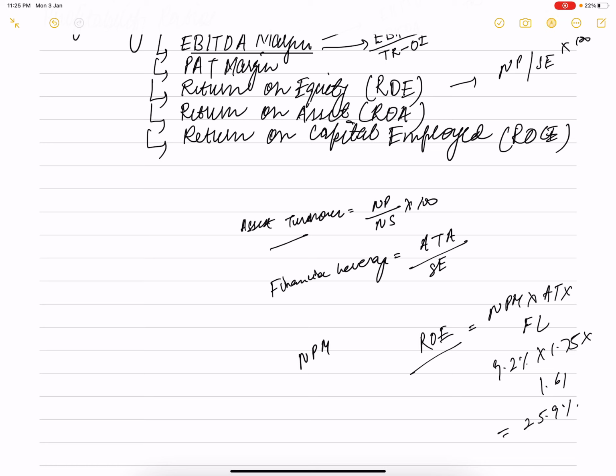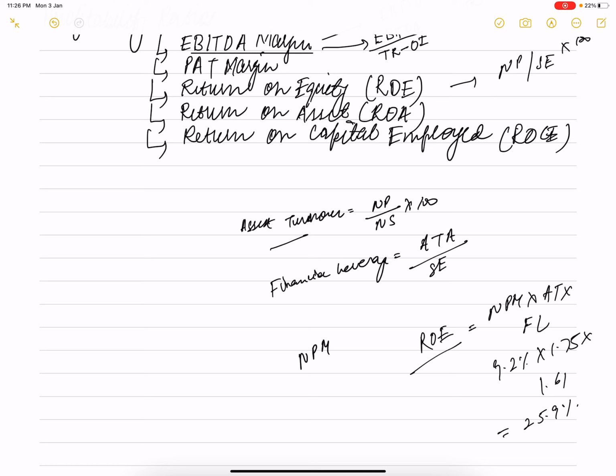I understand this is a lengthy way to calculate ROE, but this is perhaps the best way to calculate it. We can develop valuable insights into the business. The DuPont model not only answers what the return is, but also the quality of the return.